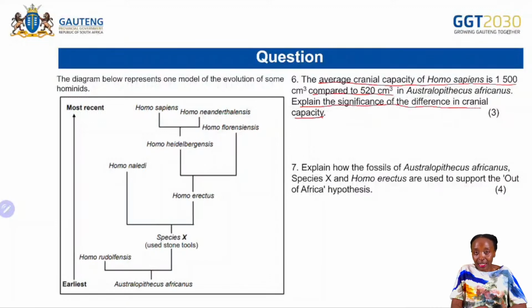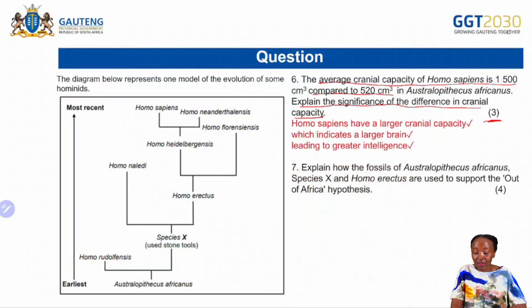As I explained earlier, when you answer questions on explain, remember you are guided by the what? By the 3 marks. So you cannot just write one sentence and expect to gain 3 marks. So here we are told about the capacity that is 1,500 compared to 520. What is the significance of the difference in the capacity? So Homo sapiens have a larger cranial capacity, which indicates a larger brain, leading to what? Greater intelligence.